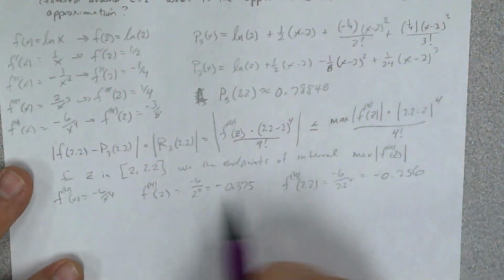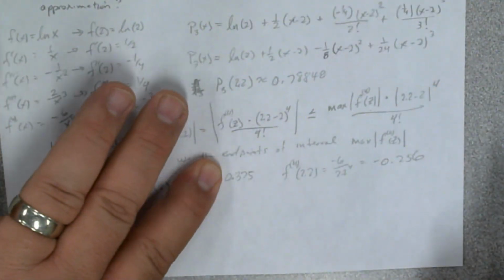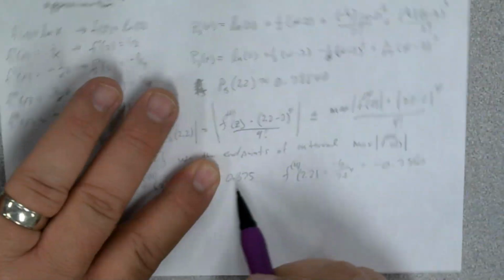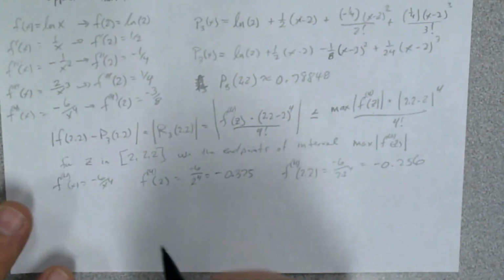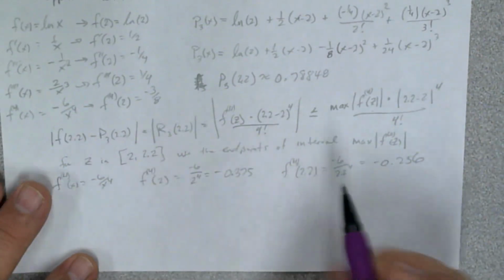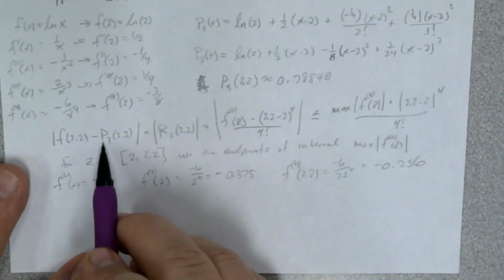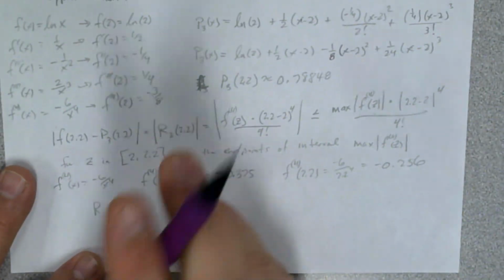Not based off of the sign, but based off of the absolute value of it, so that's this right there. Okay, so we're going to use that number right there. This is what we're going to be using for the max. And so our R of 3, which is this thing, we should write it like that.